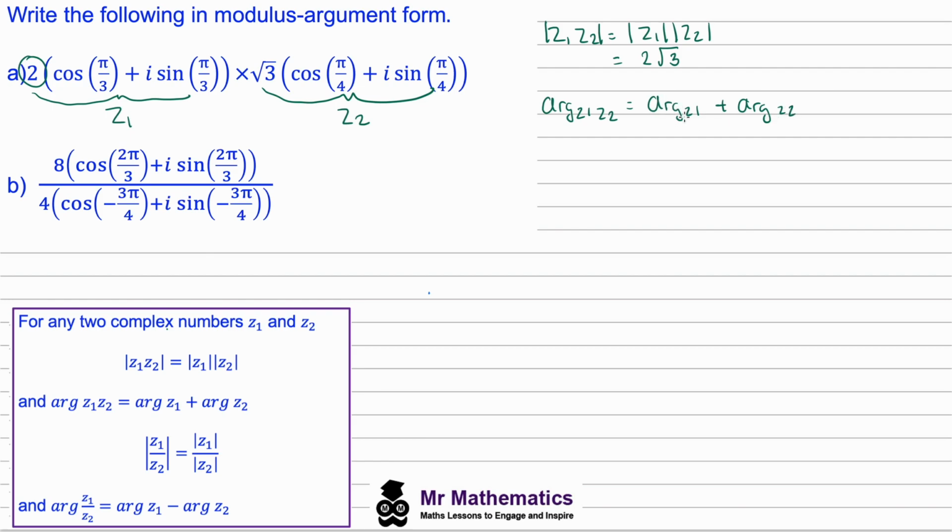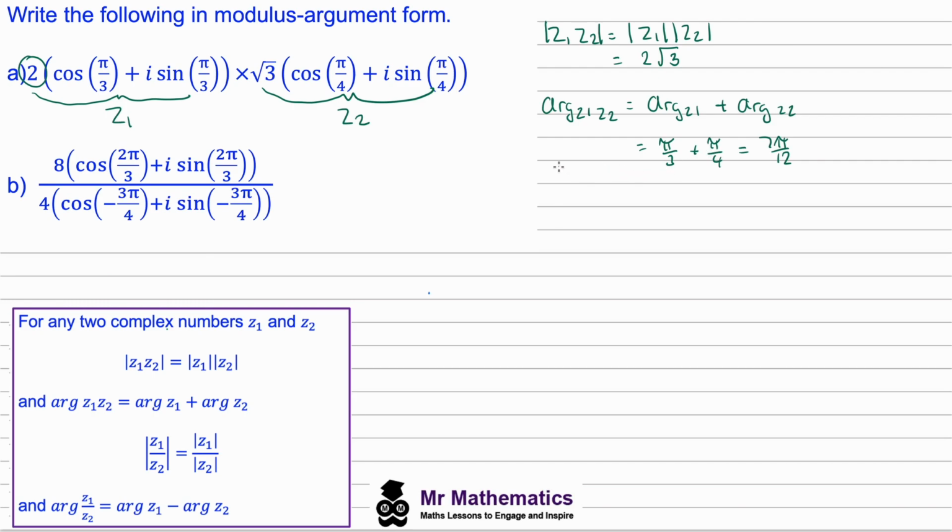Well, the argument of z1 is pi over 3. The argument of z2 is pi over 4. So when you add these two together, we get 7 pi over 12.